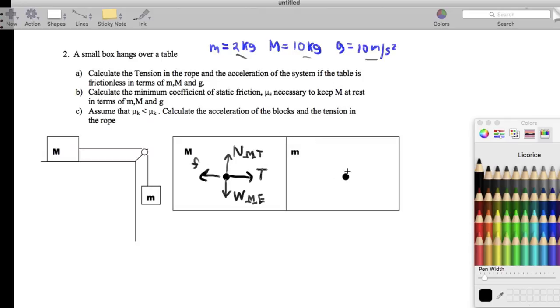Given that there's 3 parts to this problem, I'm not sure whether we're going to have static or kinetic friction, so I'm just going to leave it as a little f. And then for little m, we have the tension T, and we have its weight, the weight of little m due to the Earth. Now we're going to define the positive direction as this whole motion here.